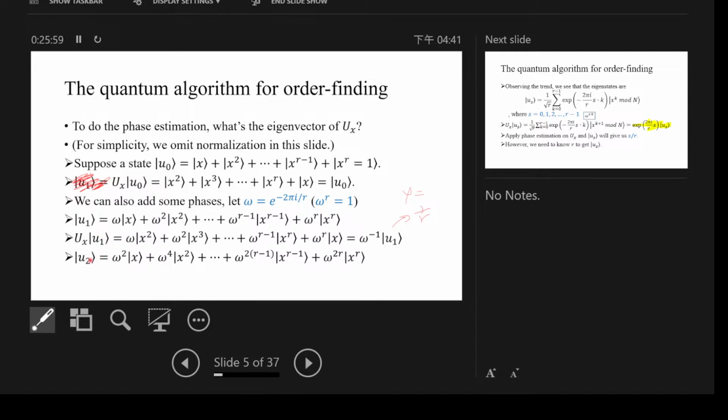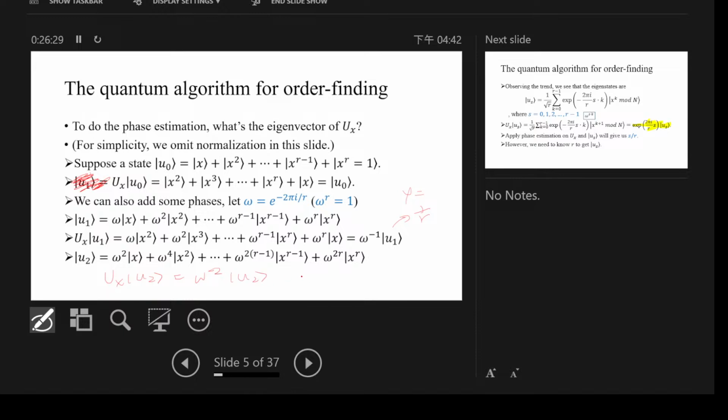Similarly, you can have U2 with more powers of omega in front of your x. So you have omega squared, omega to the fourth, all the way to omega to the 2 times r. Then you apply UX on U2, and you will get omega to the minus 2 on your U2.